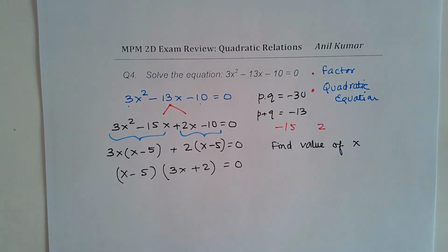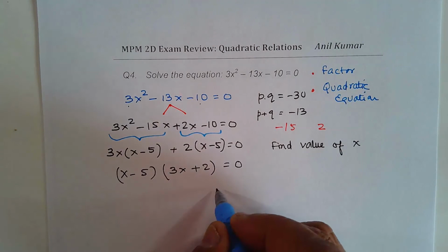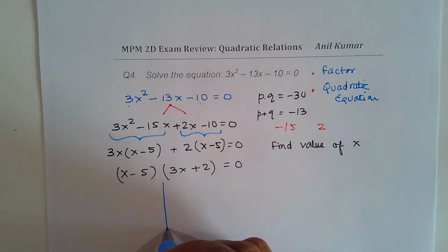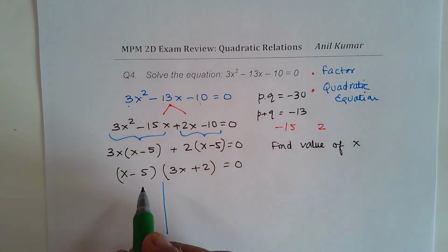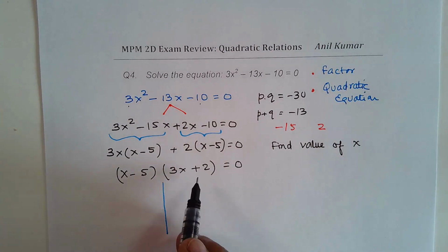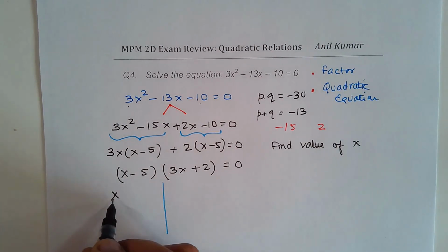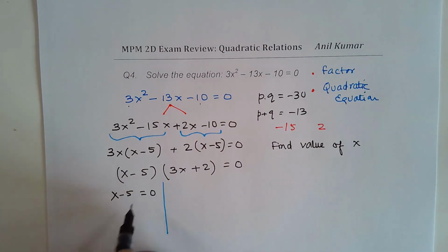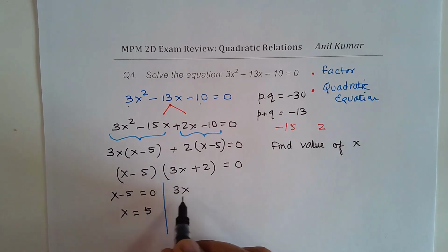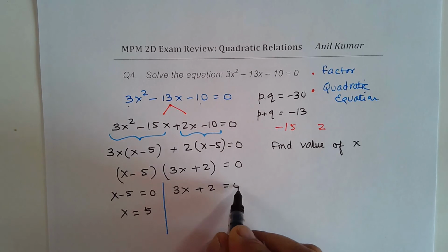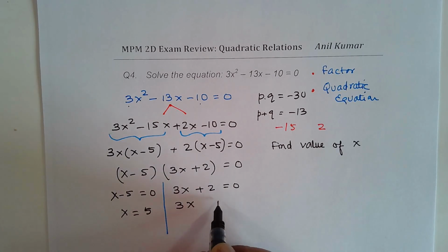Now in our case, we have two particular solutions. One could be x minus 5 equals 0. The other one could be 3x plus 2 equals 0. So x minus 5 equals 0 gives you the value of x as 5. The other one, 3x plus 2 equals 0, can be solved as 3x equals minus 2, or x equals minus 2 by 3.